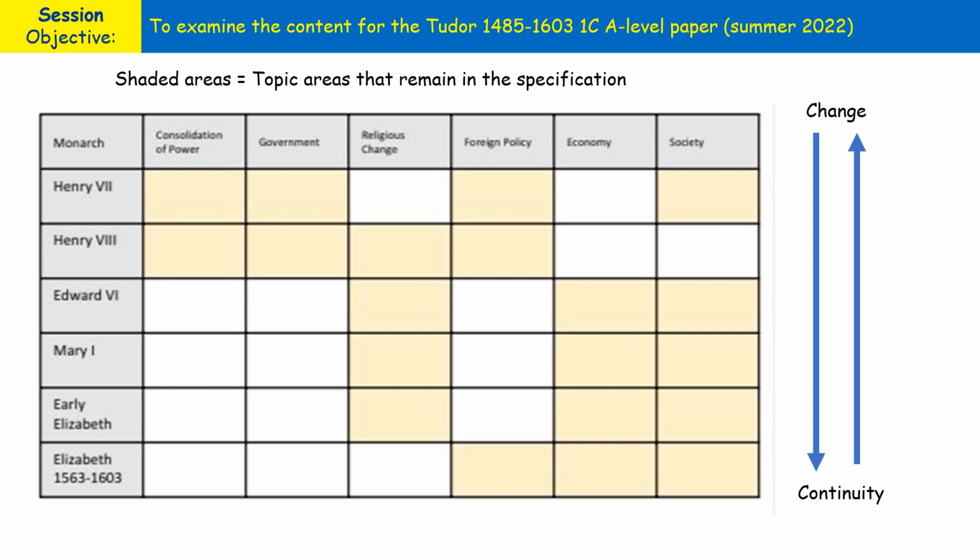So for example, the consolidation of power between Henry VII and Henry VIII, religious change from Henry VIII to the early Elizabethan period, foreign policy between Henry VII, Henry VIII, and then finally Elizabeth between 1563 and 1603, economic continuity and change between Edward VI and Elizabeth I, and then societal change pretty much throughout the period apart from societal change during Henry VIII's reign.